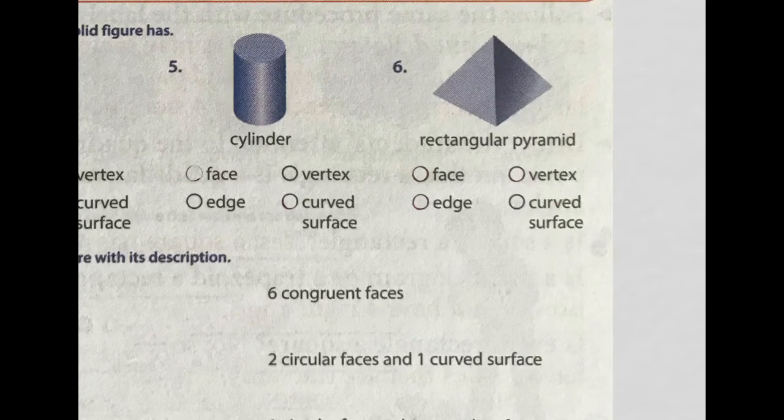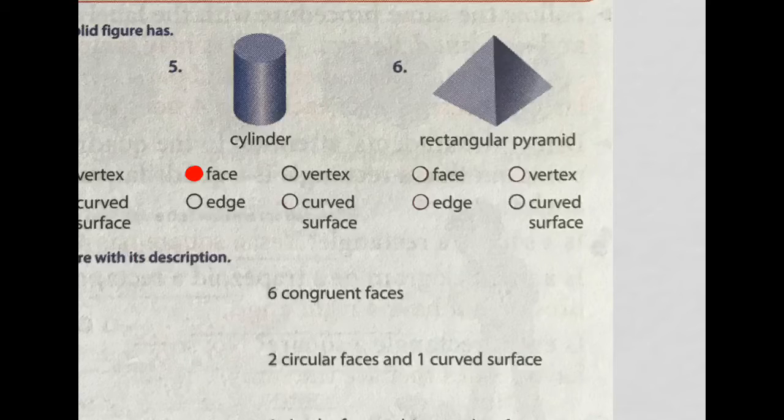Let's do number 5 together. So look at the cylinder. Does it have a flat face? Does it have a face anywhere? Yes, it does. It has one right here and one underneath on the bottom. So it does have a face. Does it have an edge?